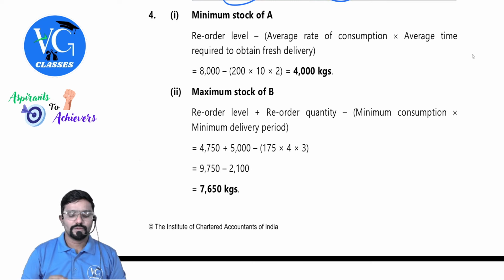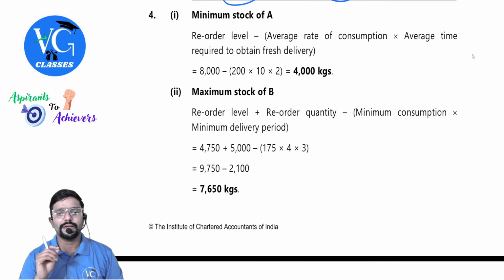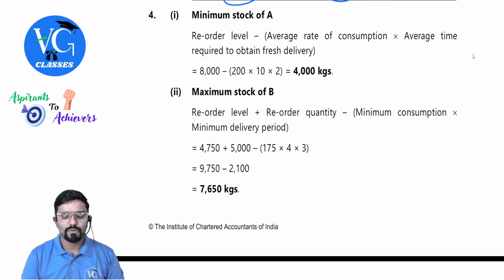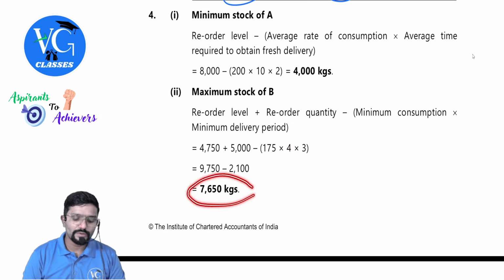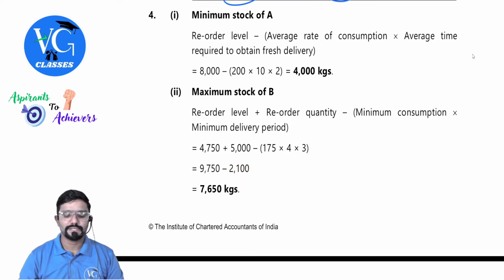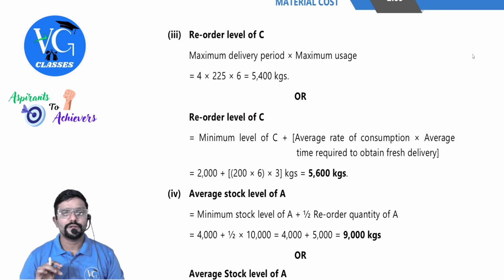Okay. So you can see they have taken reorder level and reorder quantity minus 175 into 4 will give you minimum consumption into 3. Okay. 7,650 kgs.